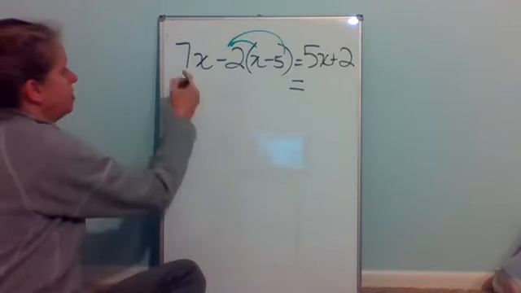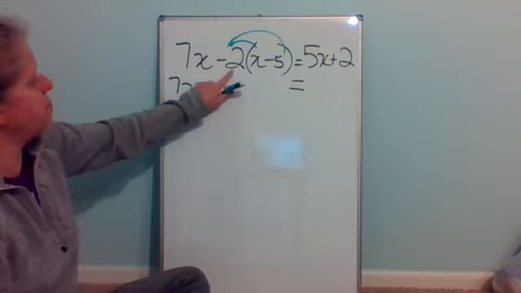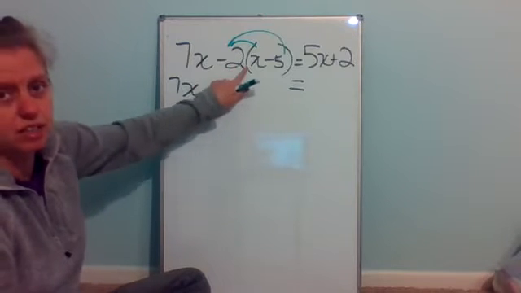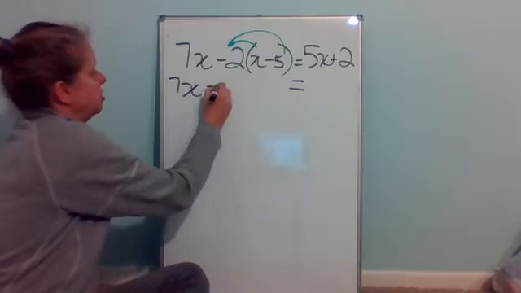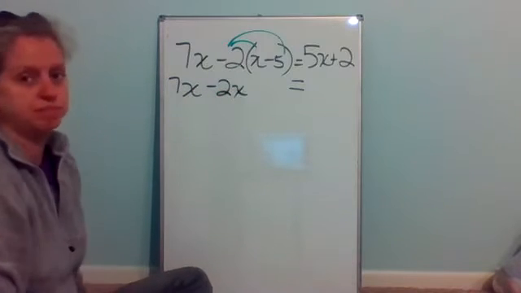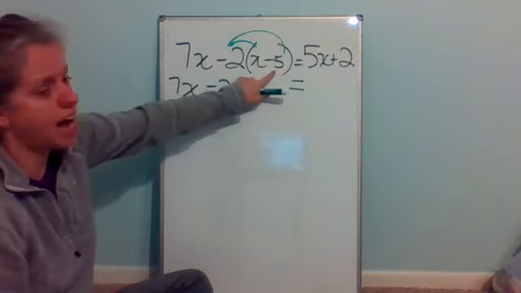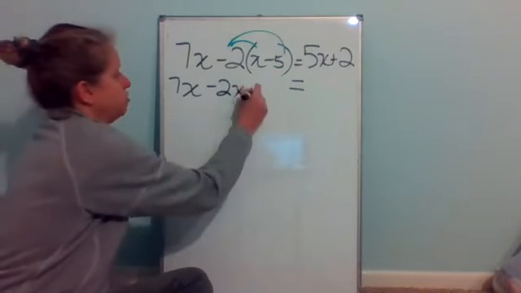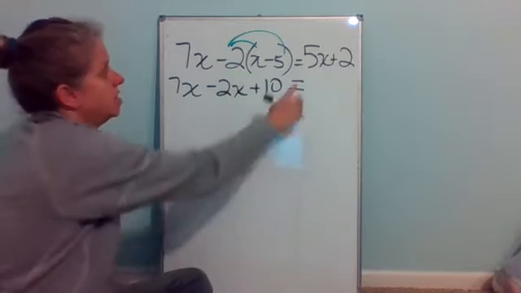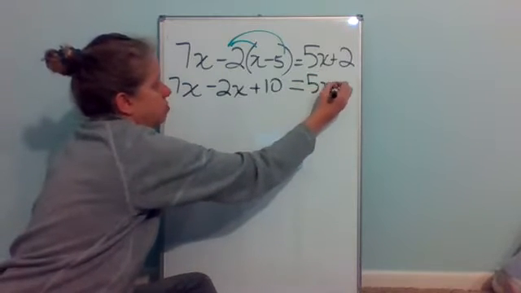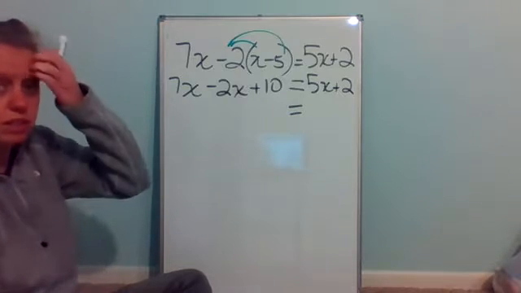I'll drop down this 7x. If you're multiplying a number times a letter, the number and letter just hook together, right? -2 times x gives me -2x. Then you've got -2 times -5, which is +10. I'm going to drop this side down, 5x plus 2, bringing down my equal.